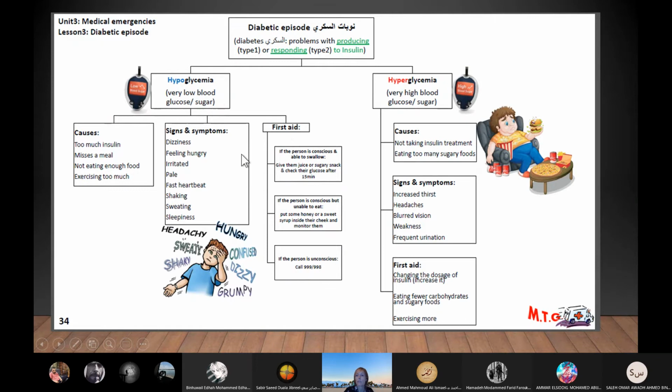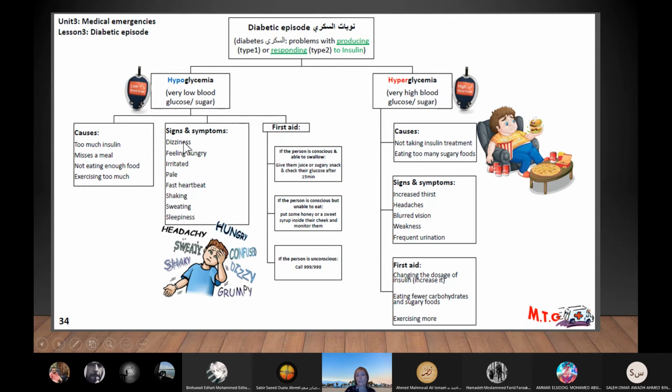So diabetic episode, this is probably going to come up. So make sure you understand how to respond to these different situations as far as the first aid goes. If somebody has hypoglycemia, they have very low blood sugar. It could mean that they took too much of their insulin, and now their blood sugar is very low. It also could mean that maybe they missed a meal or they exercised too much.